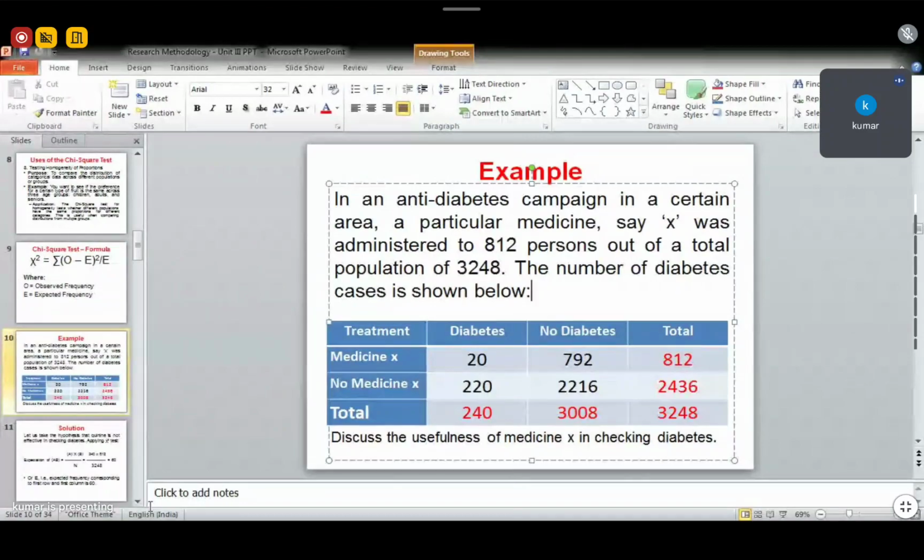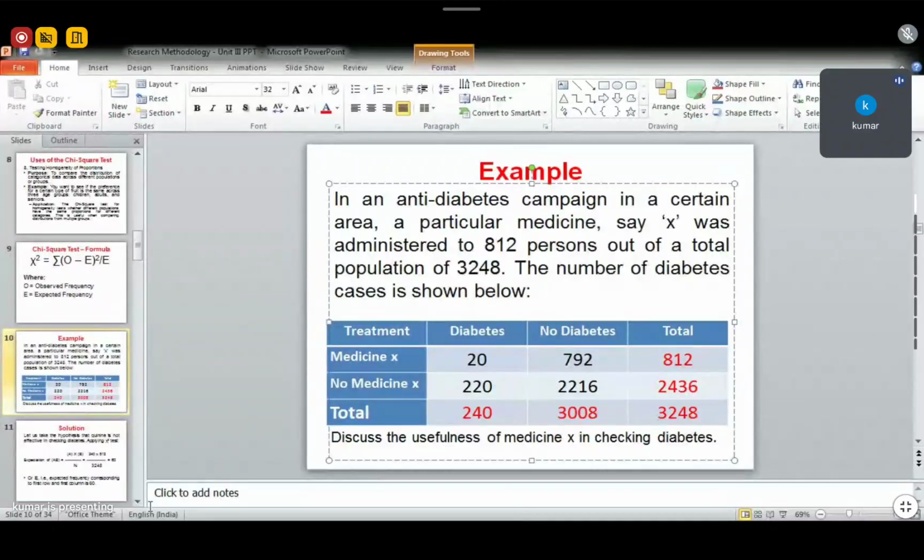So here, a medical campaign is being conducted. That is, an anti-diabetes campaign is being conducted in a particular area where a medicine, say X, was administered to 812 persons out of a total population of 3,248. So the total population of that particular area or village is 3,248.